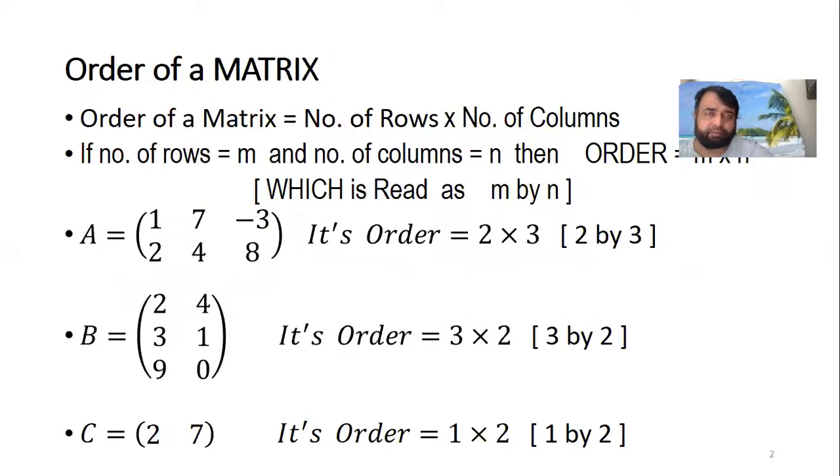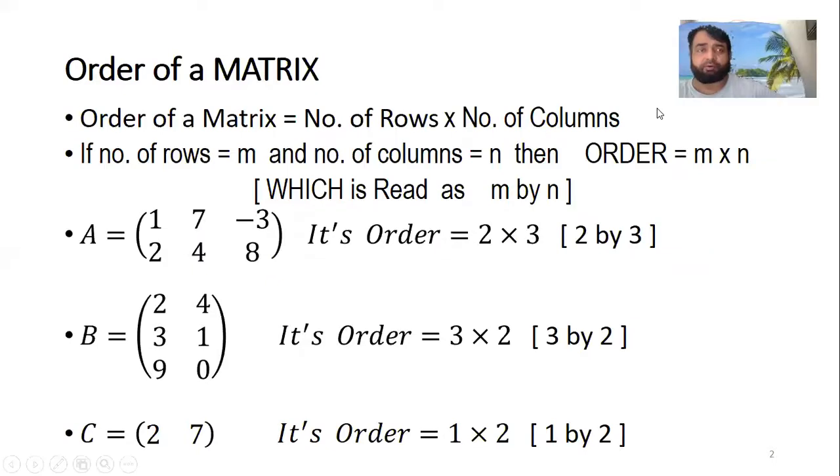Okay, now we have to know one more very important thing, that is the order of a matrix. What is the order of a matrix? Basically, the order of a matrix is the number of rows versus the number of columns.